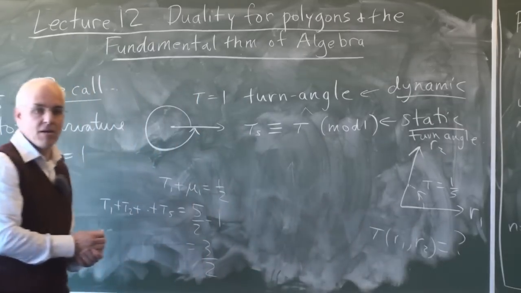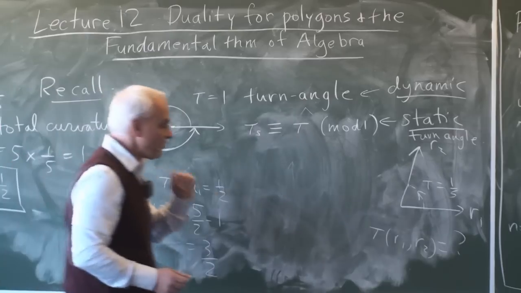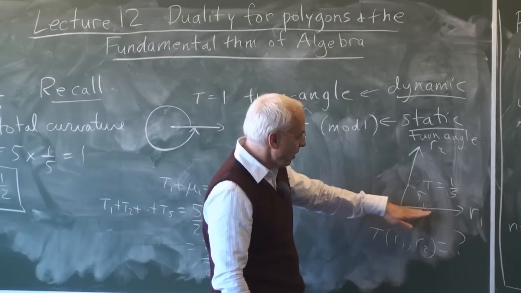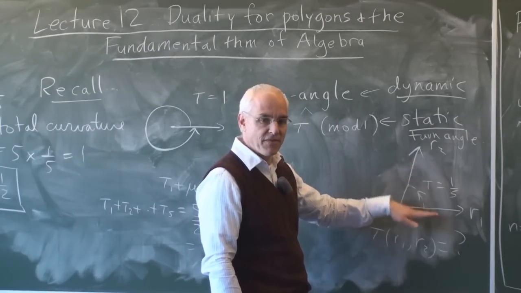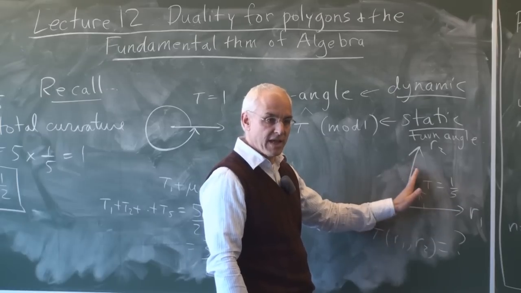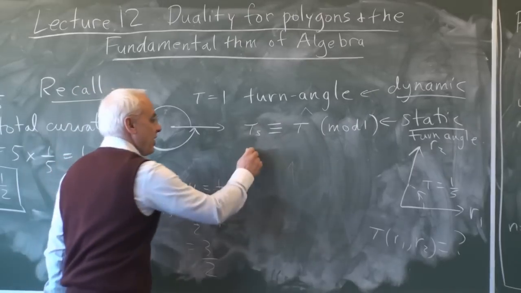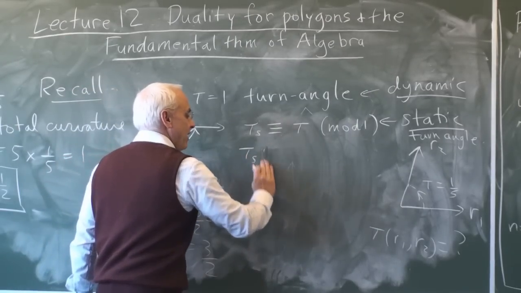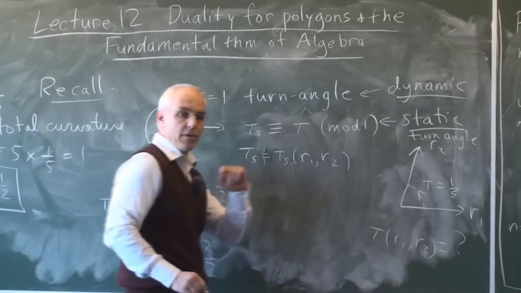Not to negative 1? No, not to negative 1/5, because it's still oriented. We're still going from R1 to R2. That's the starting, that's the ending. So I'm thinking of this tau s as really tau s of R1 and R2 in that order.